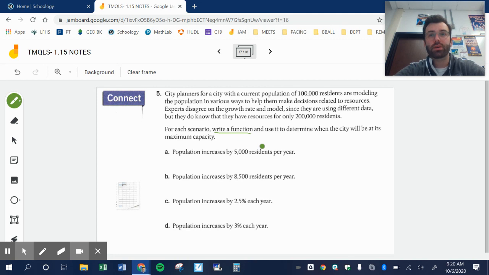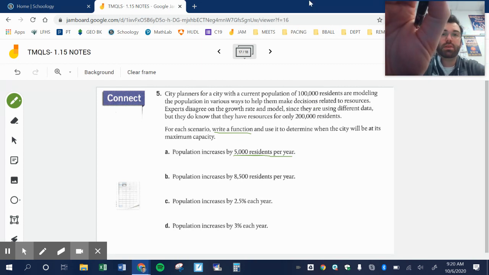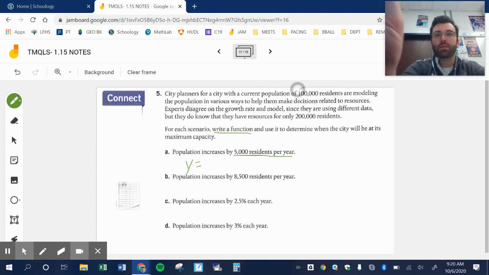That's a rate, staying consistent every single year. So that's going to be something like y equals my starting population of residents, plus 5,000x, or n, whatever you want to do.